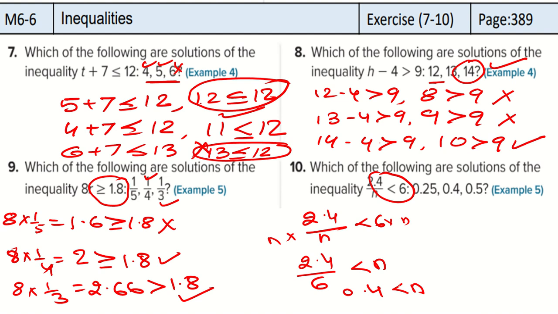So, n should be bigger than 0.4. So, you see 0.25 is not bigger than 0.4, 0.4 is not bigger than 0.4, only 0.5 is bigger than 0.4. So, this 0.5 is the correct answer.